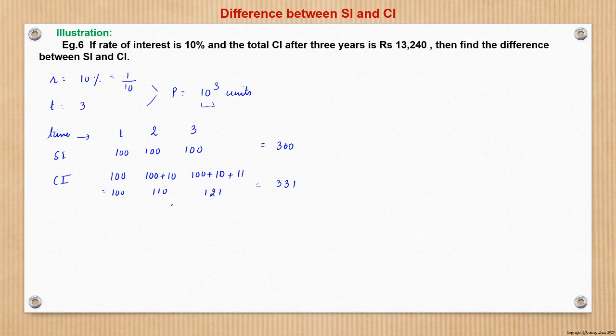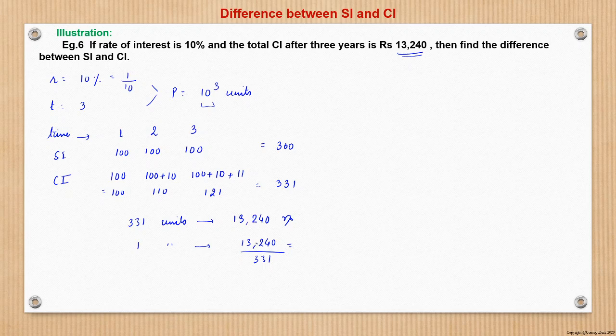So we can say that it is given that the total CI, it means 331 units, represents 13,240 rupees. So we have to find the difference. Difference is 31 units. So 1 unit will denote 13,240 upon 331.